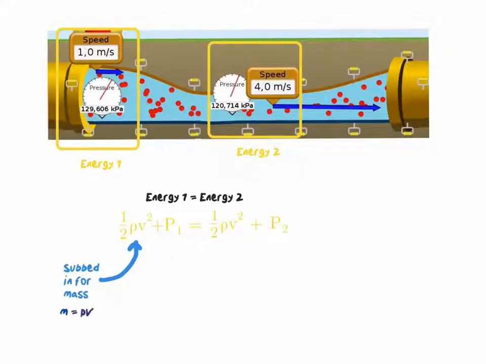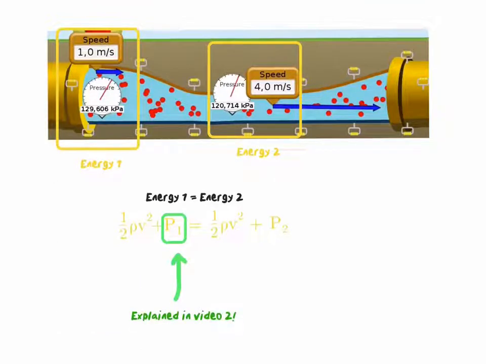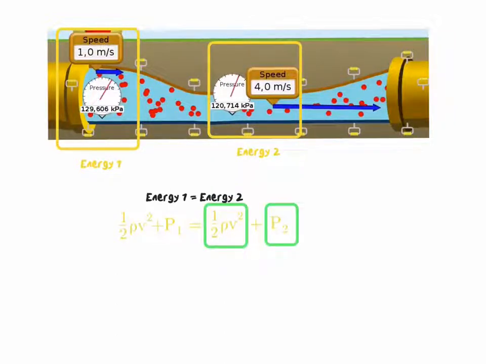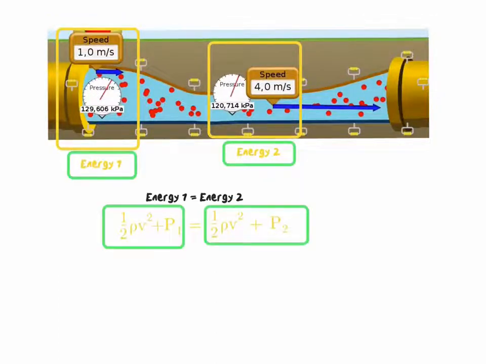Now we also saw that there was a pressure term that we could add that had to do with the amount of work done by the fluid. If you don't know what I'm talking about right now, go back to video 2 and take a look at that. Now at the other location in the pipe, we also saw that I would have a 1/2 rho v squared term and a pressure term. So in other words, we said that this constant total amount of energy would be the same at both locations, but where the velocity was higher, the pressure would be lower and vice versa.